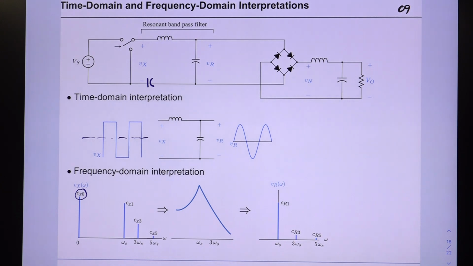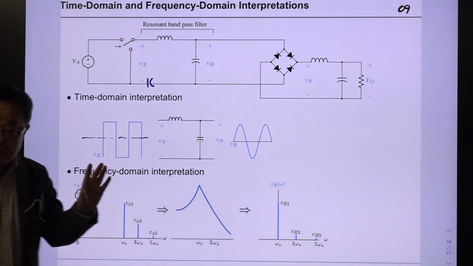If this DC portion is removed, we have a zero line, 0 volt line here. Then this is an odd function, so an odd function has only sine terms in the Fourier series. These are all the sine terms; the cosine terms are missing. This zero voltage at the center of the waveform is called half-wave symmetry.